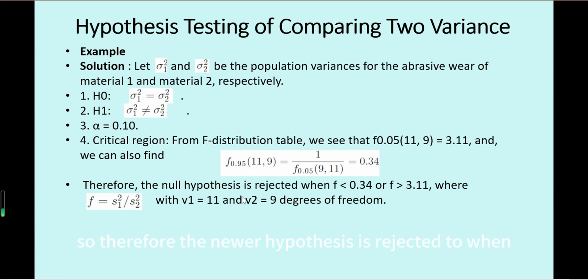Therefore the null hypothesis is rejected when F is either less than 0.34 or larger than 3.11. So this is a two-sided test, and F is the ratio of sample variances with these 2 degrees of freedom.